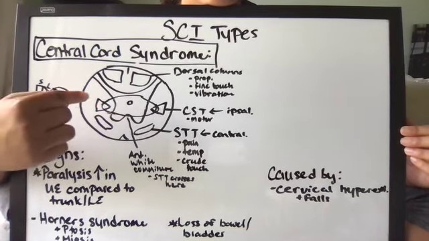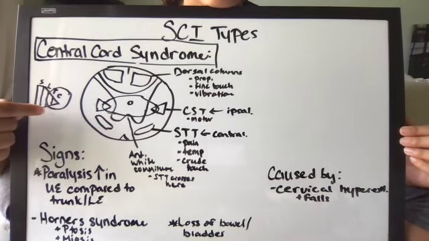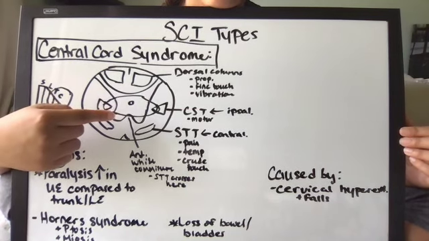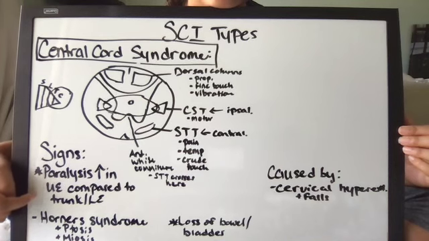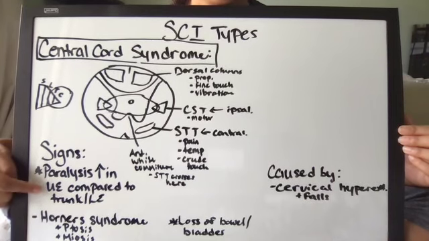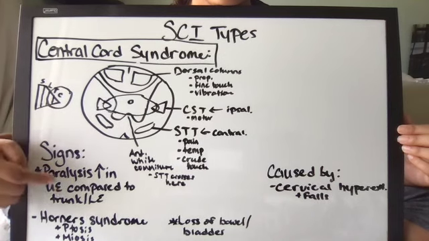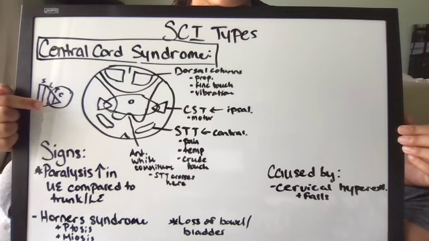It doesn't cover it all the way up, but just the tip there. And remember, the tip of the corticospinal tract is the cervical and some of the thoracic. Depending on how bad the injury is and how far it spans out is going to depend on how much is affected. But typically, the upper extremities are going to be most affected because they're here. The trunk and lower extremities are going to be less affected because they're out here.